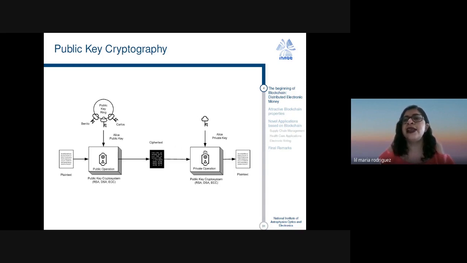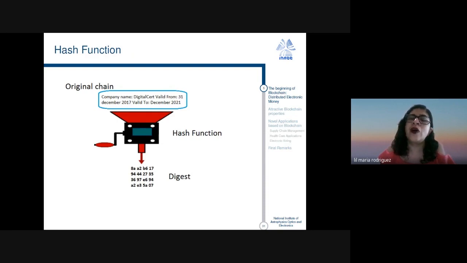And in blockchain, we will be using this kind of cryptography, but to sign, as we will see in some slides. So the other cryptographic primitive that we have to consider when we are talking about blockchain is hash functions.